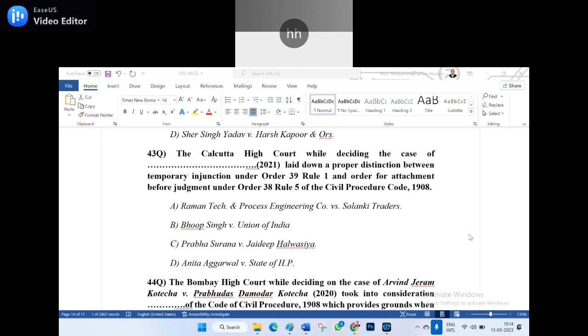C. Prabha Surana versus Jaideep Halvasia. And D. Anita Agrawal versus State of HP, Himachal Pradesh. Now shoot. Sir, I think A is the right answer. Raman Tech and Process Engineering Company versus Solanki Traders, sir. Wrong.